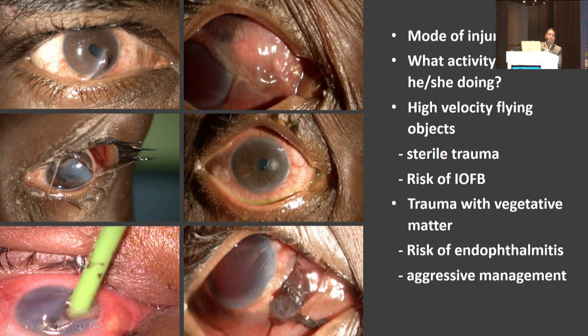And this is how the patient comes to us in the ocular clinic. You can see the various layers of the eye that are involved, and also the various zones of the globe.